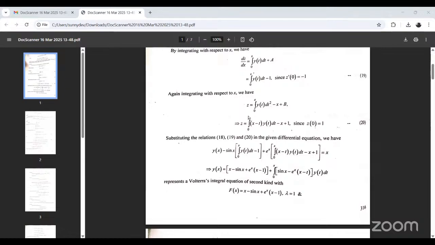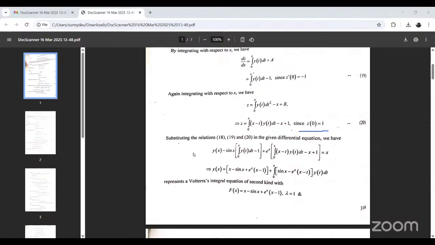Substituting these, we get the b value as 1. So z equal to the integral from 0 to x of x minus t into y of t dt, minus x plus 1, since z of 0 equal to 1.